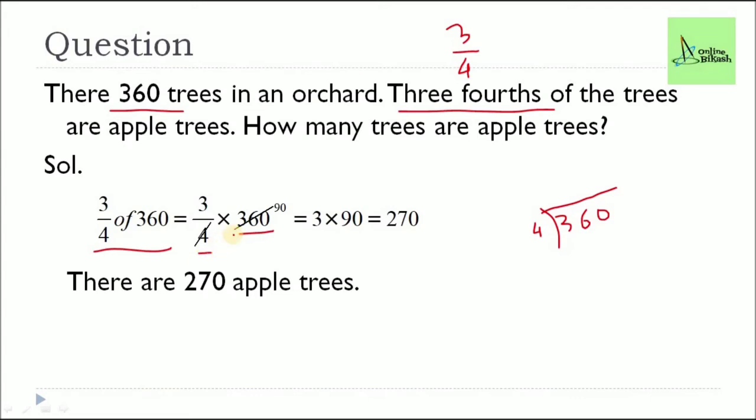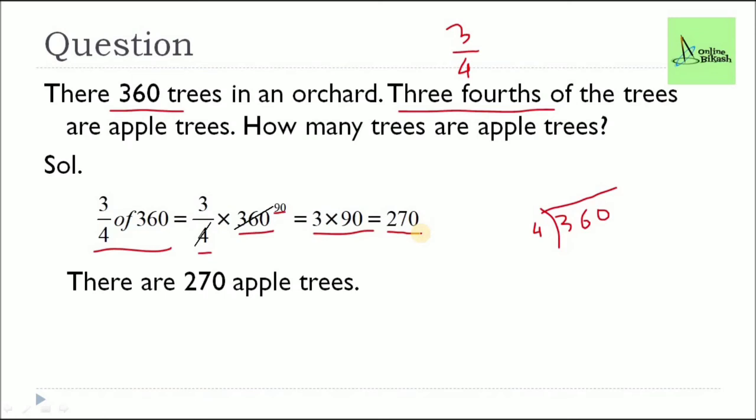Now you tell me, 4 9s are 36 and 0, so 90 will be here. Okay, now what we are left with, you will say 3 and multiplication sign and 90. So this is 3 multiplied by 90 and will be equal to 270. Okay, if you do the multiplication, then you will get this 270.